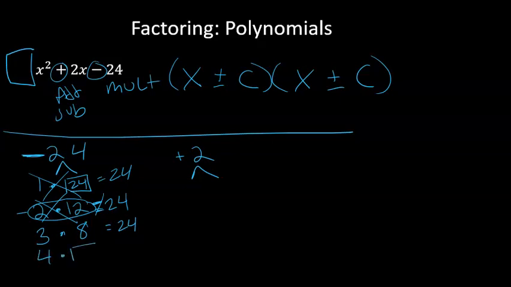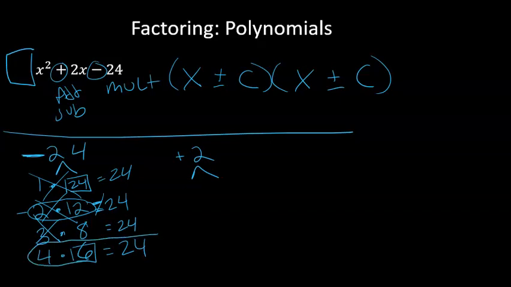If I just keep going further down, I think I can get somewhere. What about 4? If to get 24 I divide by 4, it would give me 6. 4 times 6. Well, this 3 doesn't work. Let's see if that works. If I did 4 minus 6, does that give me 2? Well, it does give me a 2.